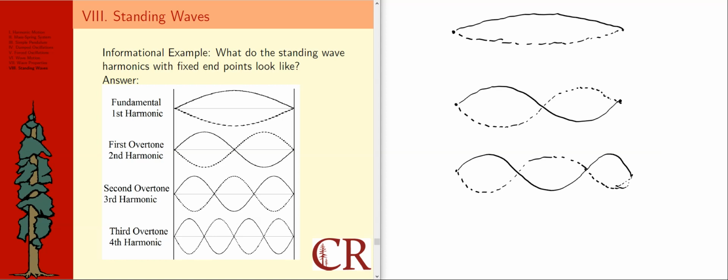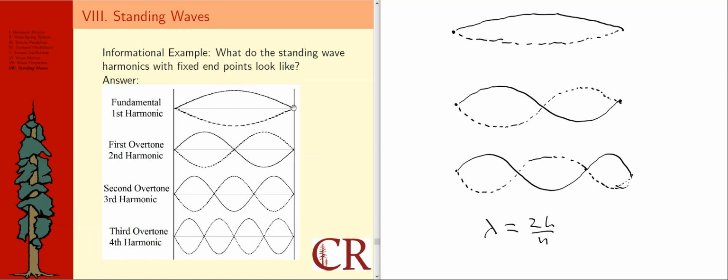We can check that out real quick here, because that wavelength formula was lambda equals 2L divided by n, where L is the length of the medium between the two fixed endpoints. For the fundamental, first harmonic, n equals 1, we're only seeing half a wavelength here.